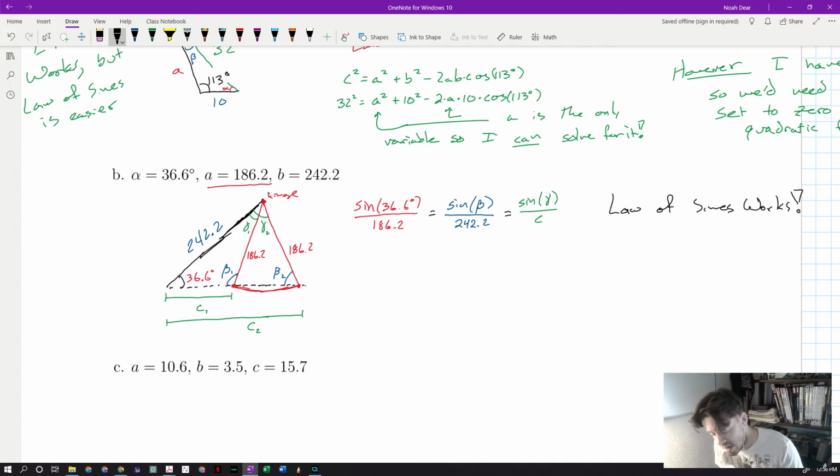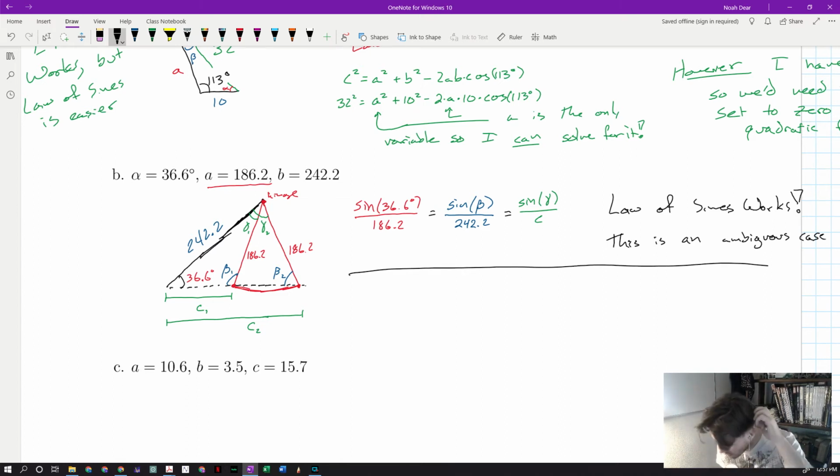And here we see this is an ambiguous case. If we try law of cosines, I'd have to use all of the information given there. I need at least 3 things plugged in, so I need to use that angle. So I need to use a squared equals b squared plus c squared minus 2bc times the cosine of alpha.